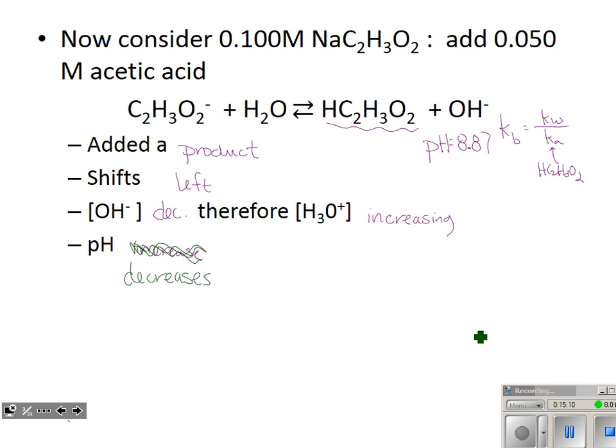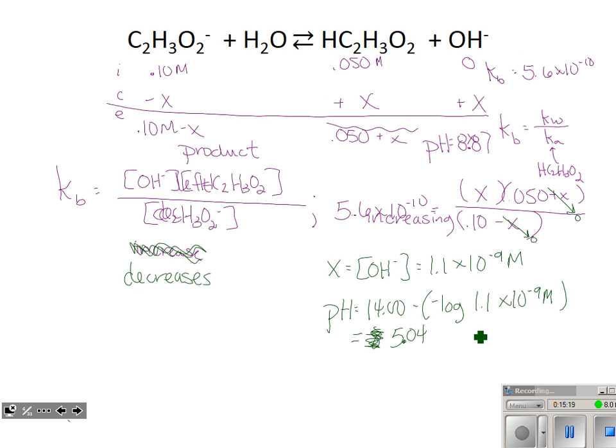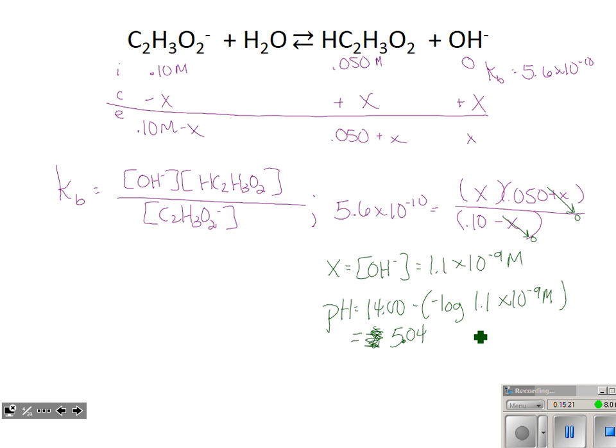So now we have predicted properly that the pH of the salt by itself, 8.87, is going to decrease with the addition of the acetic acid, and it does, to a pH of 5.04.